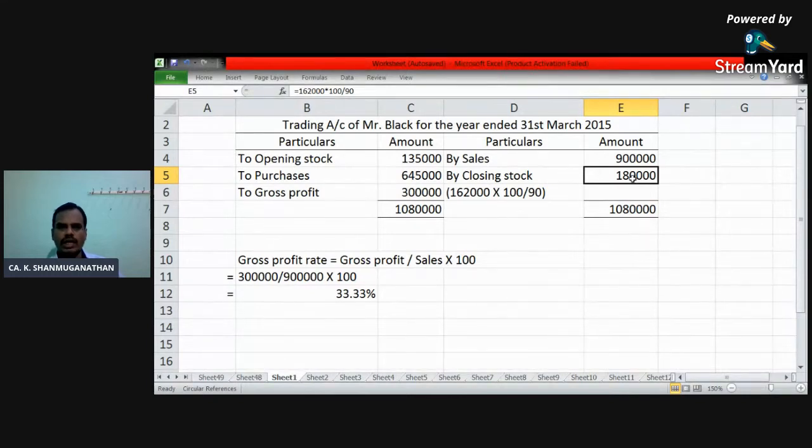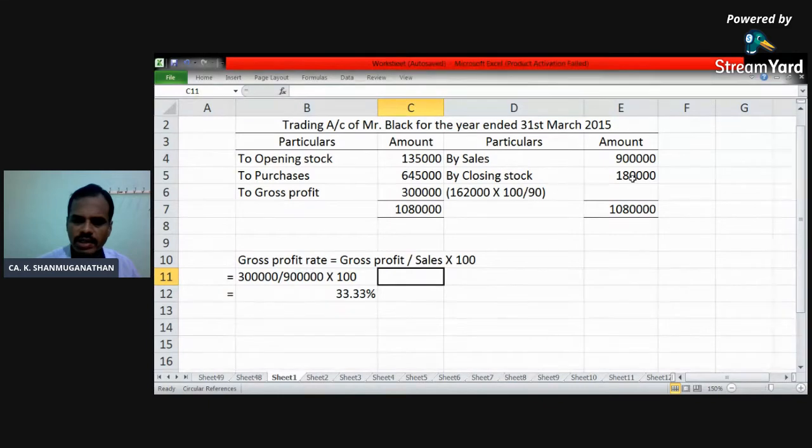So we have to take it as 1,62,000 into 100 by 90. And if you take the gross profit as the balancing figure, 3 lakh, using that we find the gross profit ratio. Gross profit ratio, you all know, is gross profit divided by sales into 100. So 3 lakh is our gross profit, you can check, and 9 lakh is the sales. So what you get is 33.33%.